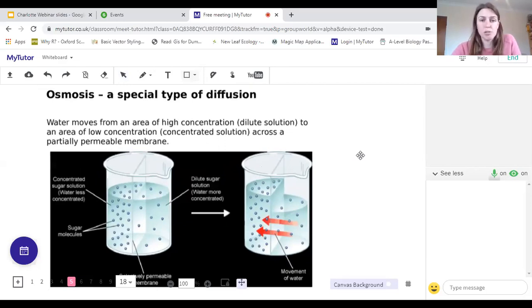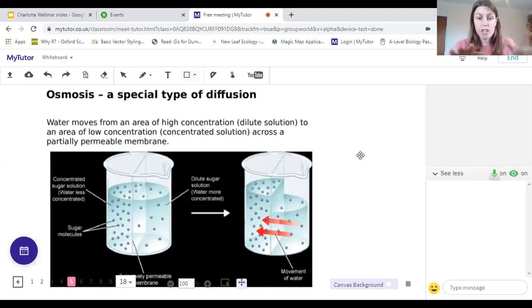Osmosis is a special type of diffusion. So it's still a passive process, it doesn't take any energy, and it's still moving across cell membranes, but osmosis is particularly for water.